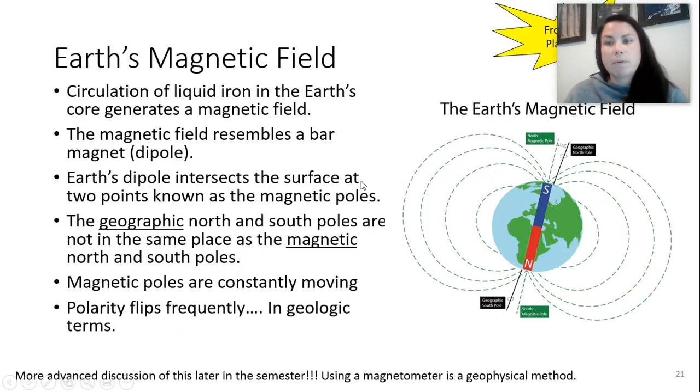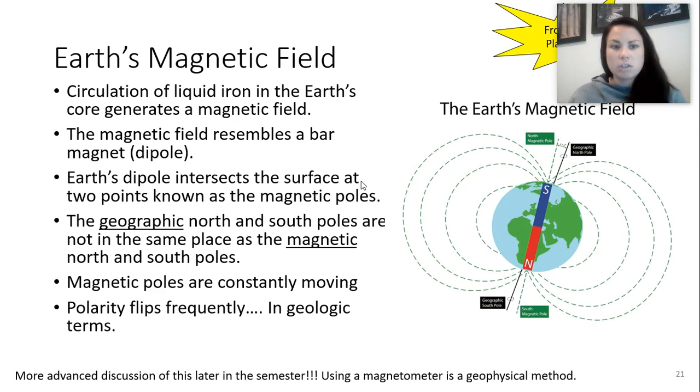Okay, so if you remember from earlier in the lecture, another method that we use is using magnetic anomalies. And this is a slide from way back then, where we learned about the Earth's magnetic field. The Earth has a magnetic field that acts like a dipole, and the field actually changes.